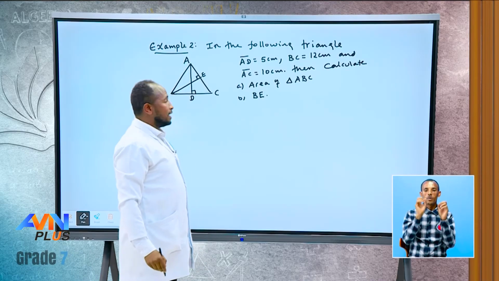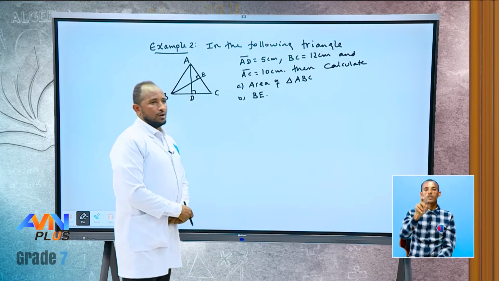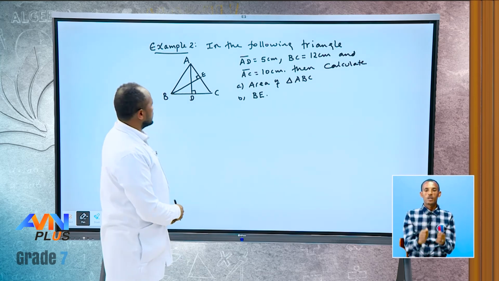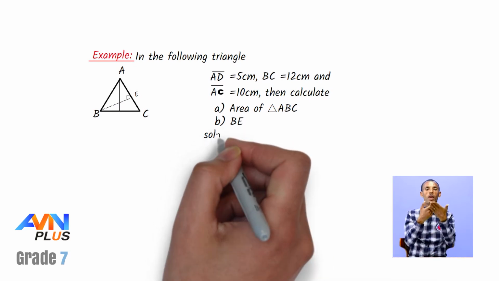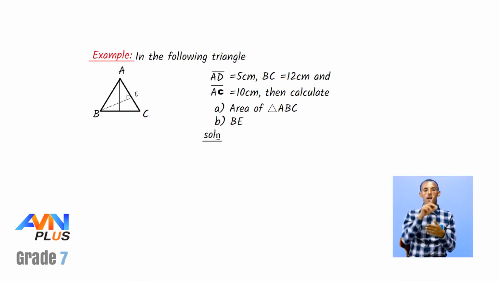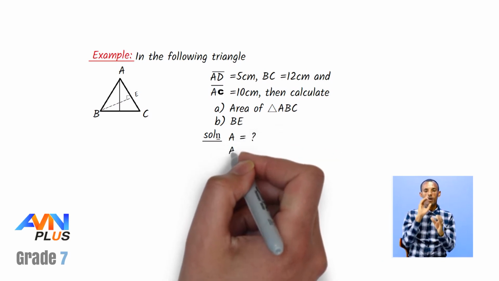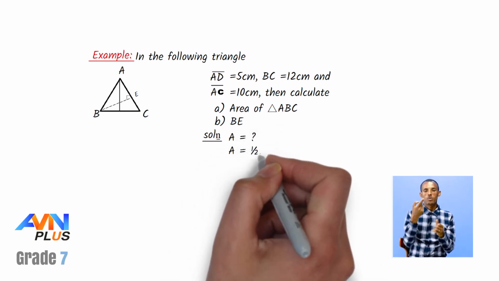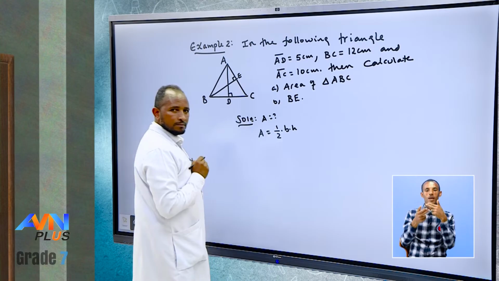Okay, now let's try this question together. Look, here we are asked to calculate the area of the triangle. To calculate the area, we use this equation: half times base times height.